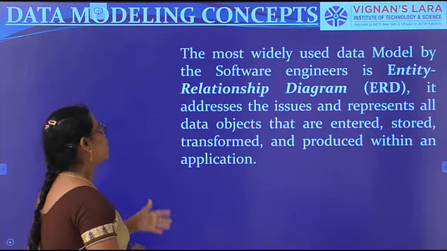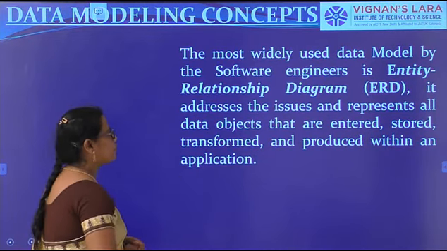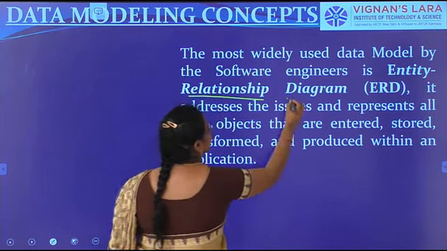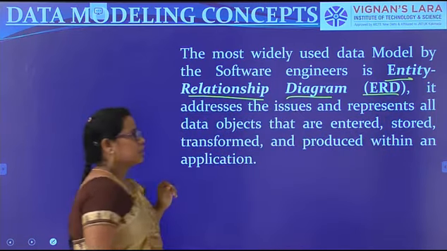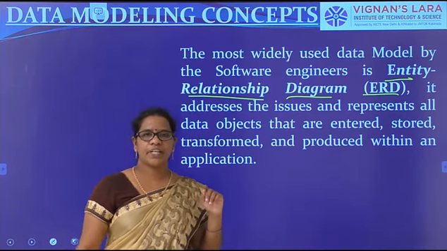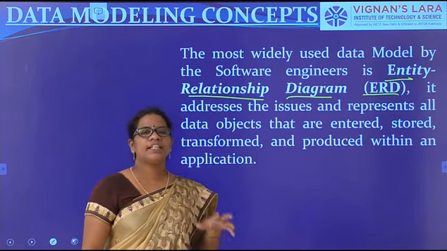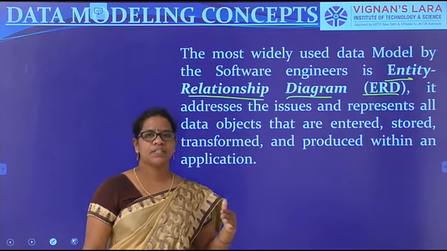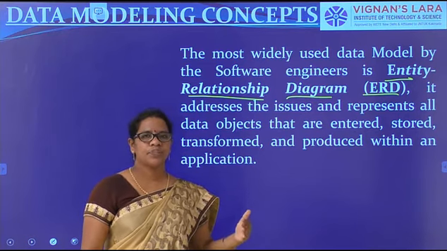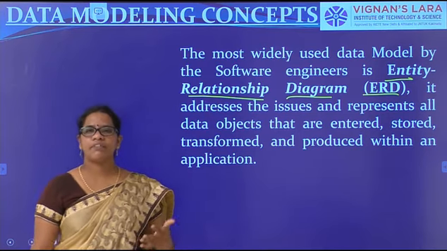And next, the most widely used data model by software engineers is the entity relationship diagram. If you have the database management system course, in DBMS, it is used to represent the backend database, how the data will be stored. You people interact with different websites.